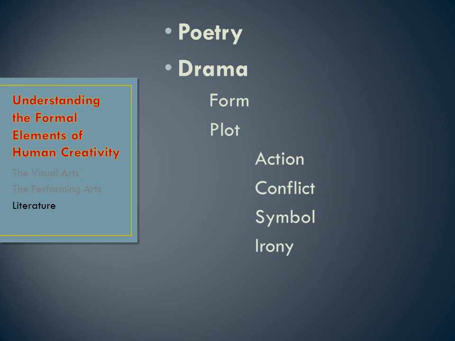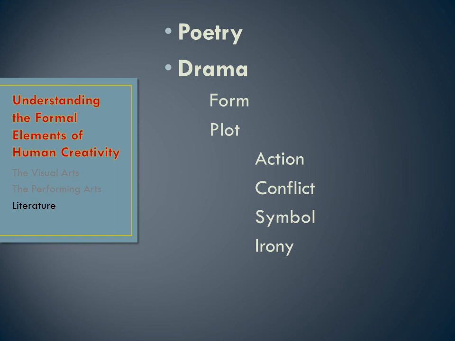The second element of drama is the plot, and the plot is what happens in the story. And there are some different parts that have to do with plot. There's action, the action of the people in the story. How is it presented? Action typically begins with a conflict. The main character in a drama, the hero, has a problem that needs to be resolved.